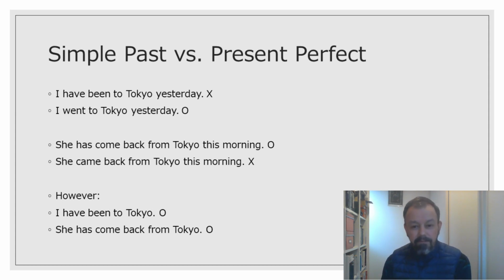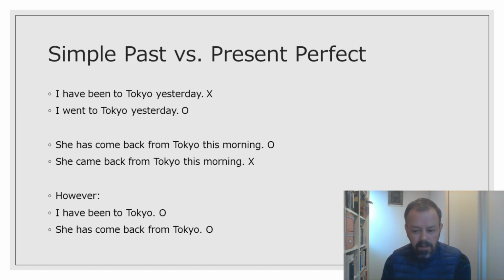It was a very clear and easy question to answer, and that is the simple past versus the present perfect. I think this is by far the most common tense mistake that English language learners make.